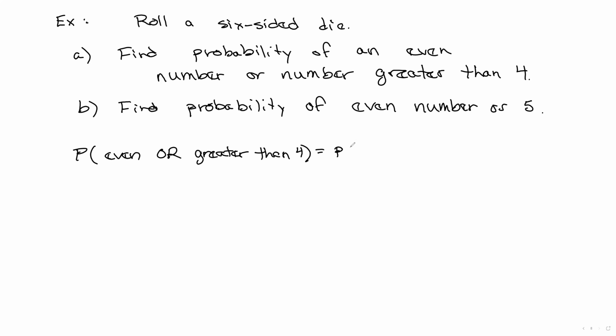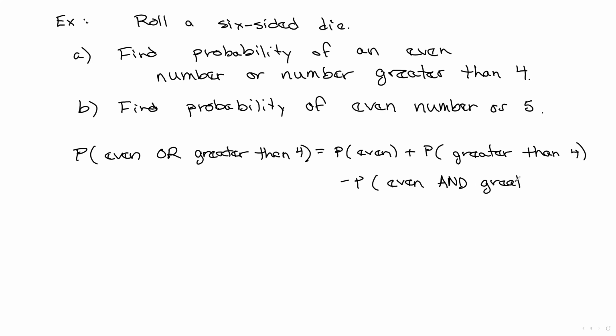And so we need to do the probability of an even plus the probability of greater than 4, minus the probability of even and greater than 4. So what are the even numbers on a 6-sided die?